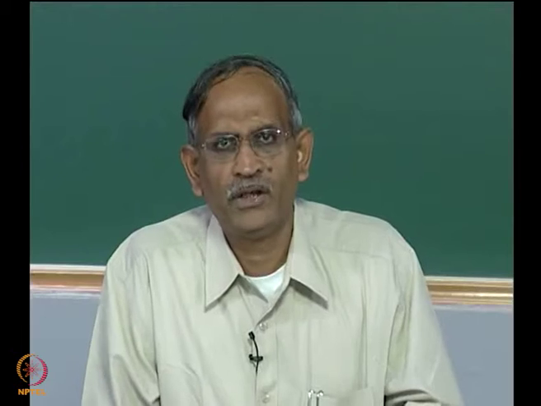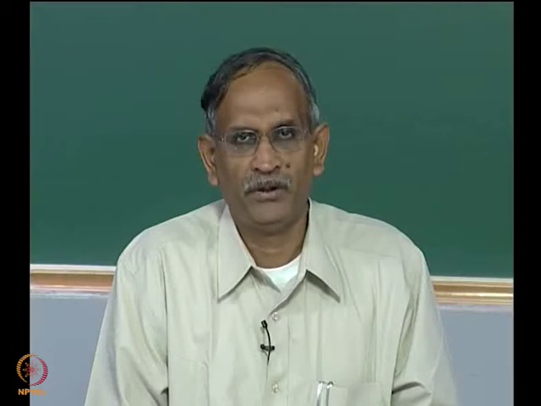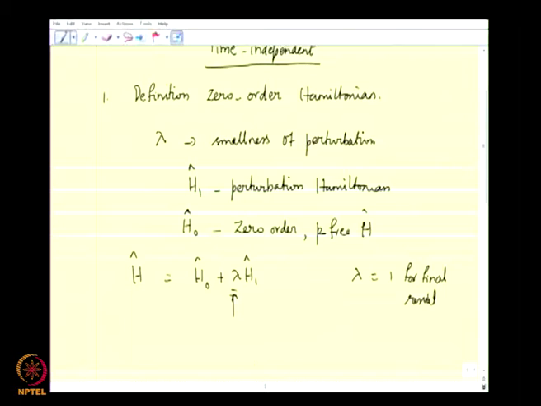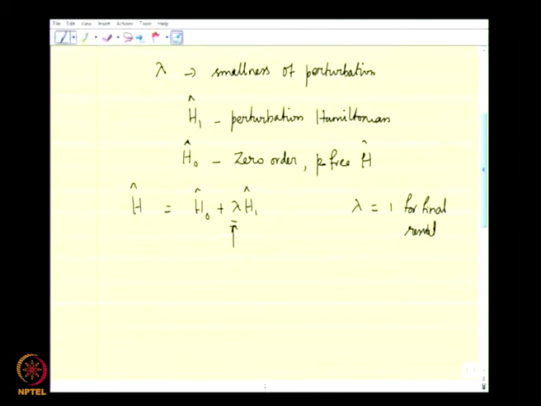The smallness of the electric field, the smallness of the magnetic field, the smallness of the external electromagnetic radiation if you have a time dependent perturbation and so on, all those things are represented by this mathematical parameter lambda, which of course is set to 1 at the end, so that this goes to H0 plus H1, which is the solution that we are looking for acting on some psi, giving you an E times psi.